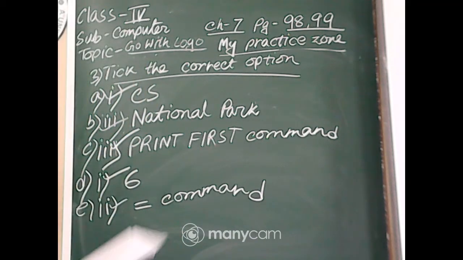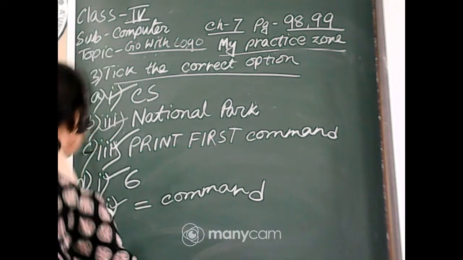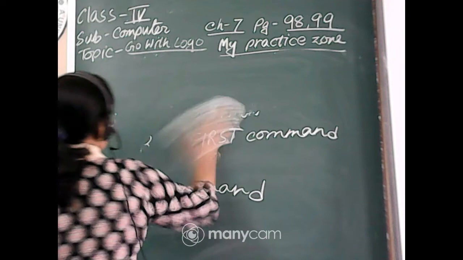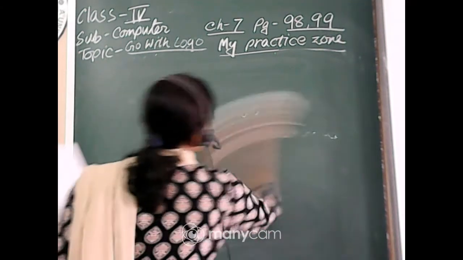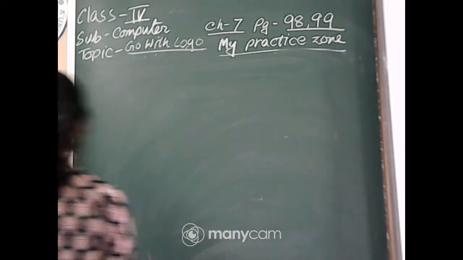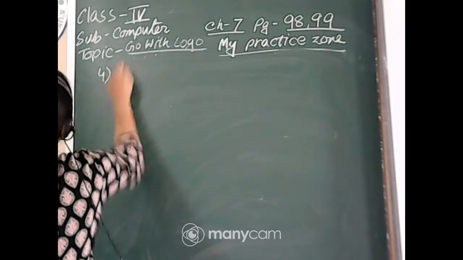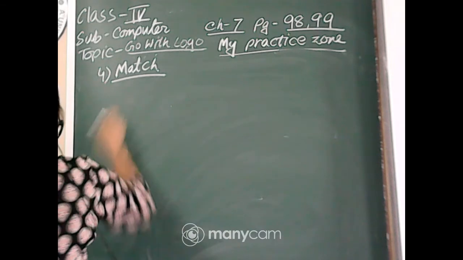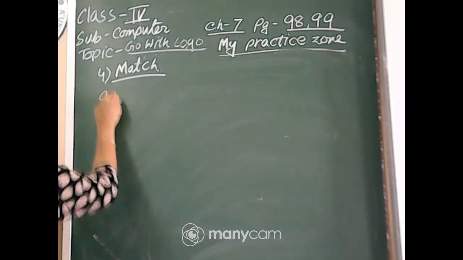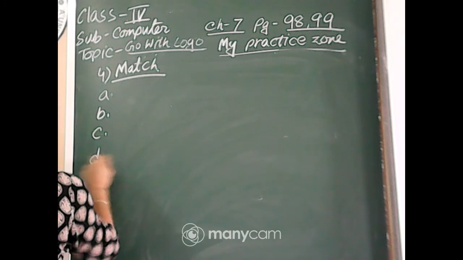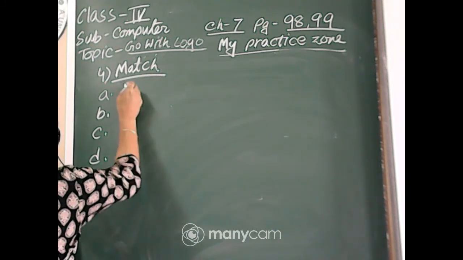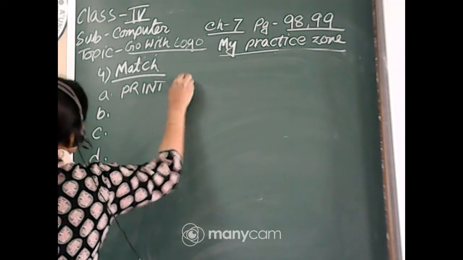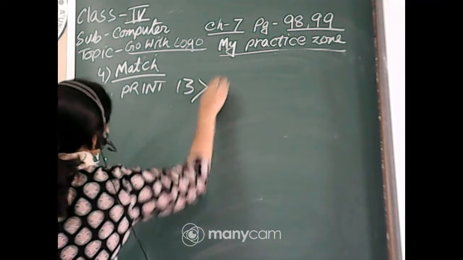Now we will solve match the following. Question number 4. Match the following. Here we have A, B, C, D and E. First, print P R I N T. Print 13 greater than 13.